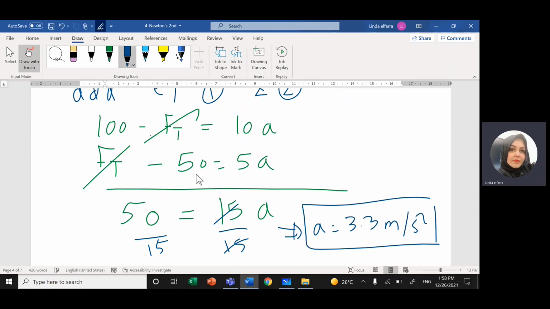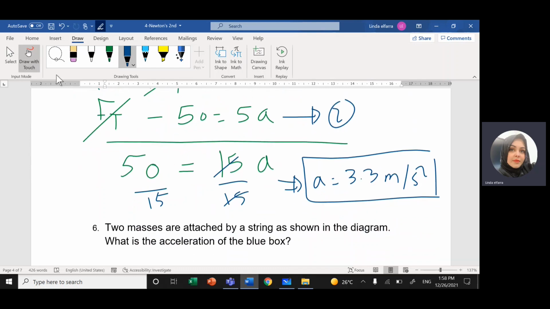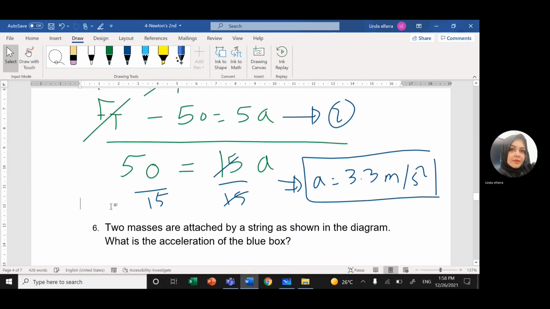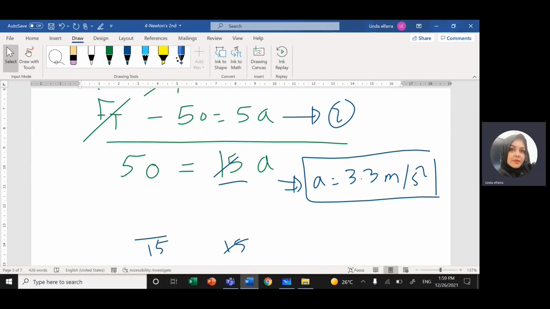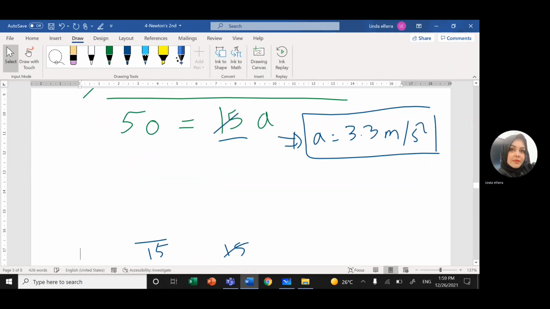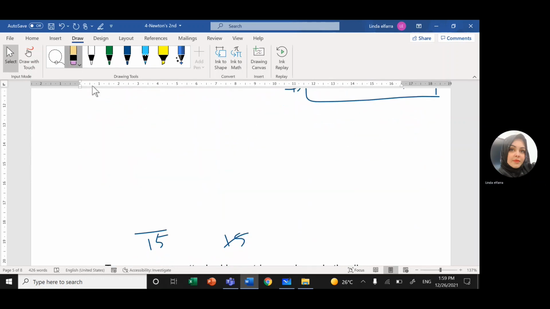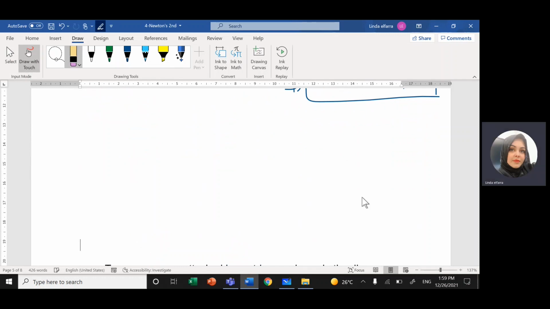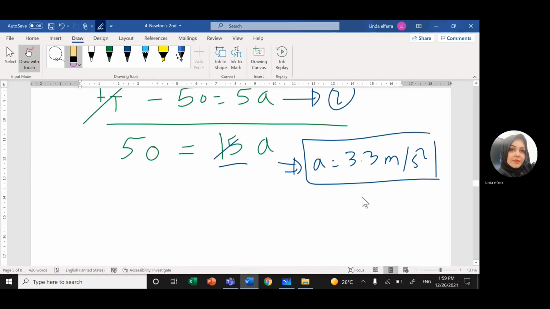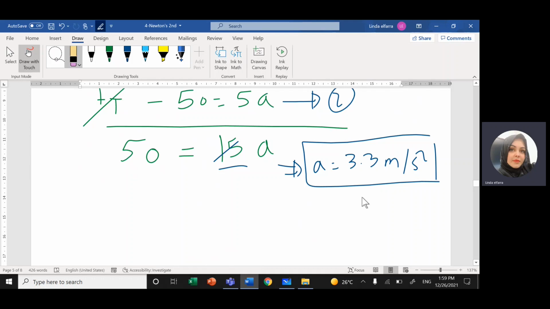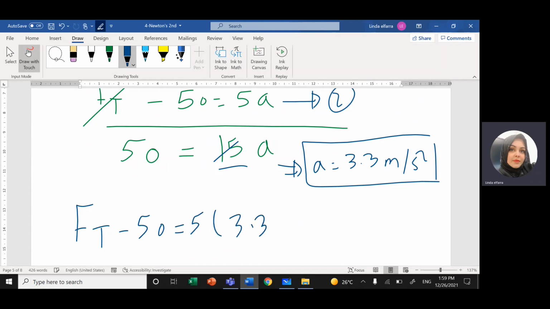Now I can substitute in any one of them to find the tension force. I can substitute in equation 2. So here I have Ft minus 50 will equal 5 times 3.3.